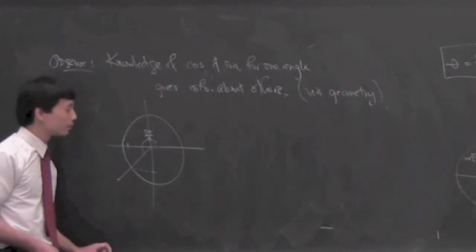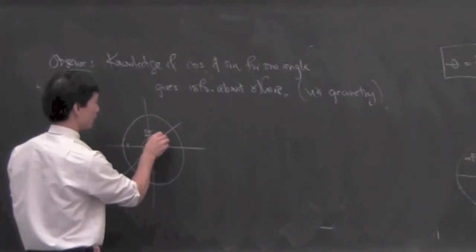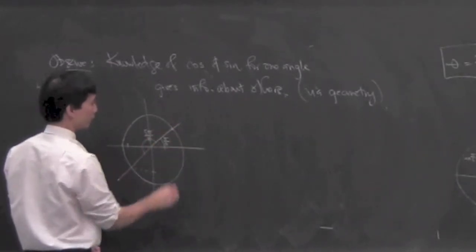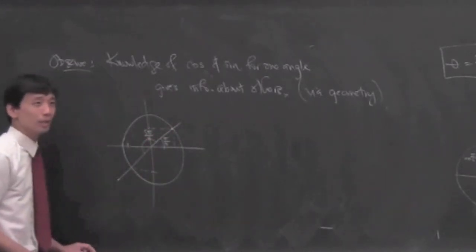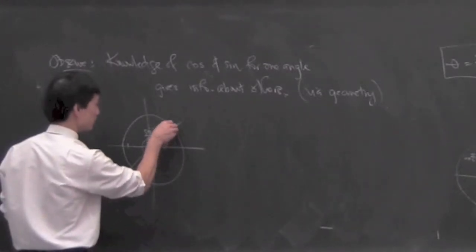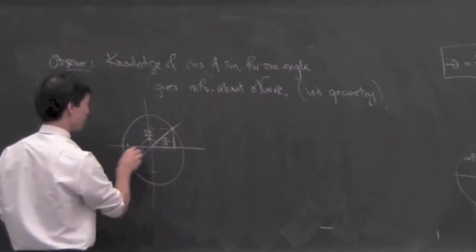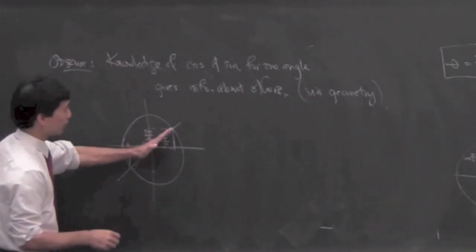So it's the same as it would be for pi over 4, except that the x and y are going to be negative. Yeah. Just by symmetry, look at this thing. This is the same triangle here as here.